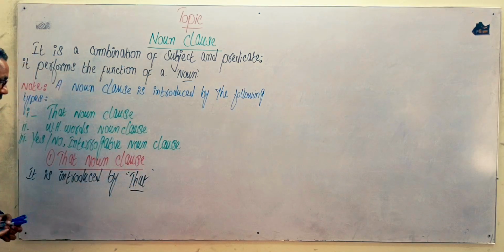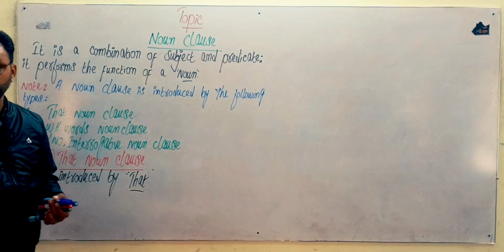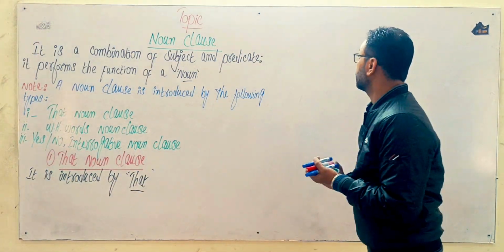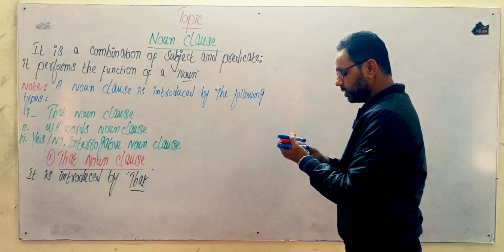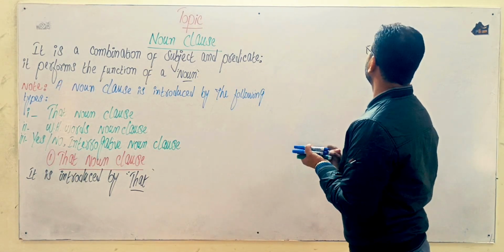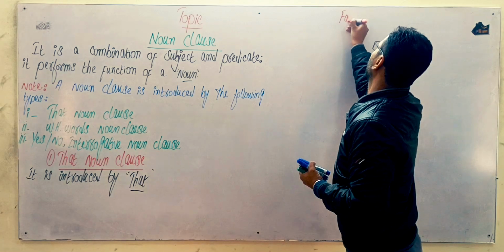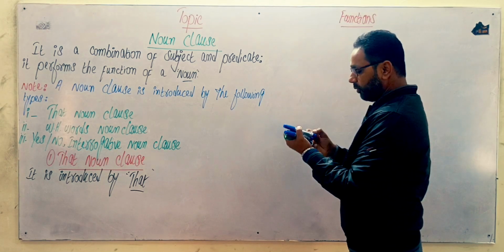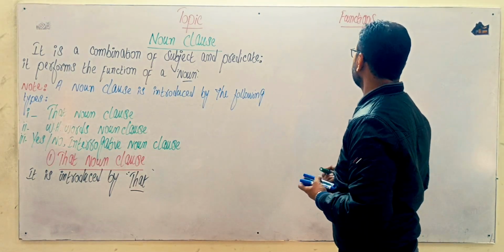Up to this place, any confusion? Now is the time just to move towards the functions. The very first function is, first of all, as a subject. Number one, इधर हम title दे देते हैं बेटे, functions. And the very first function is as a subject.